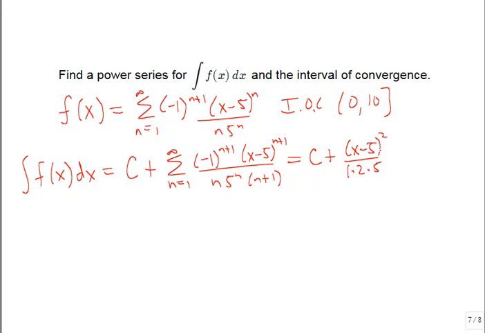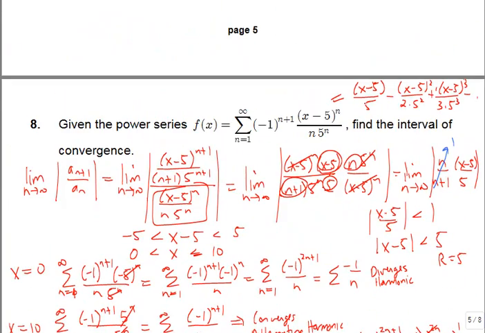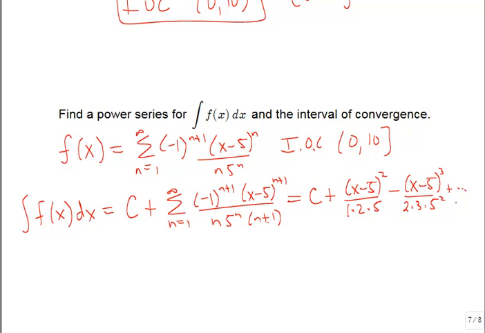And then when n is 2, this will now be odd, so we'll be subtracting, and we'll get (x minus 5) to the third over 2 times 3 times 5 squared, and so forth. And that's exactly the integral that you would get if you integrated each of these term by term. For example, this term here, you would add 1 to the power, so it would become a cube, and on the bottom you'd get 2 times 3 times 5 squared, which is exactly what we got right here. So there is our integral.